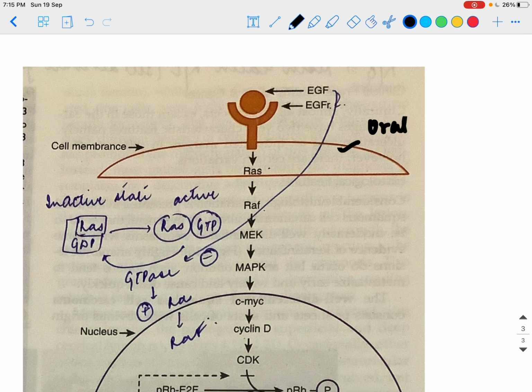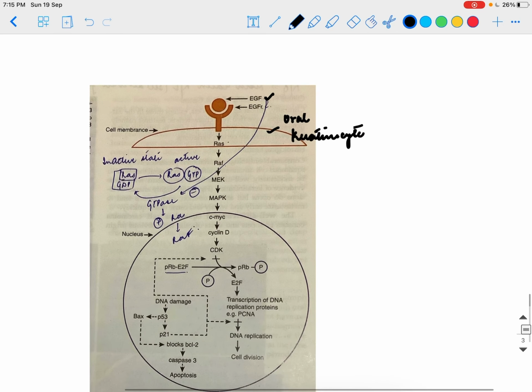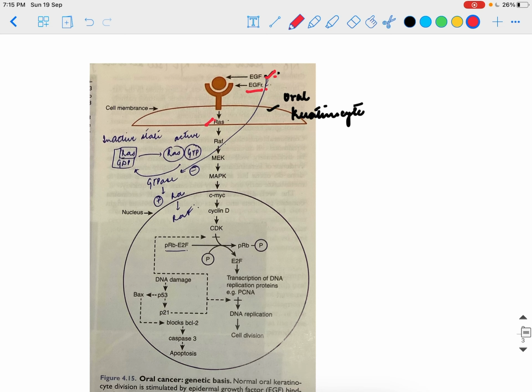So this is the oral keratinocyte. This chart is given in Shafer's. When epidermal growth factor attaches to its receptor, it activates the RAS oncoprotein and there occurs activation of the kinase cascade. This is the nucleus.